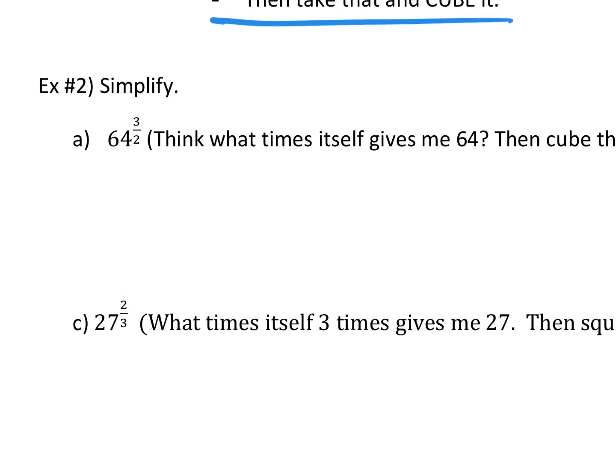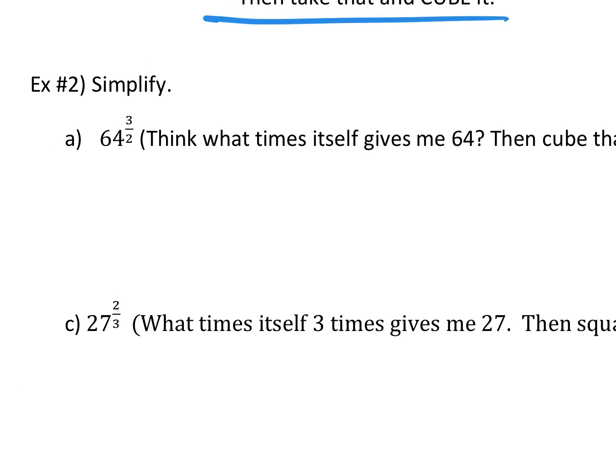Okay, so in this setup, 64 to the 3/2 power, what root are you taking? The square root, right? The square root of 64 takes care of the 2, which is what? 8. Okay, what are you doing to that 8 to solve this?